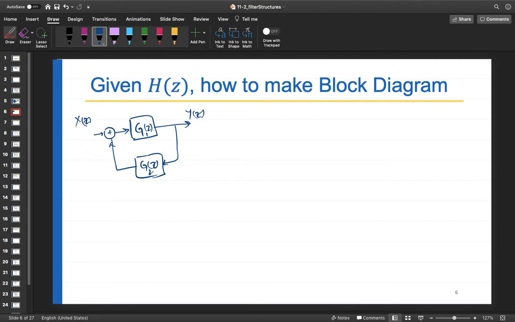Okay. So this dummy variable, what is the value here? Let me call it W(z). So what is my W(z)? W(z) is basically equal to X(z) plus G2 times Y(z), right? And what is my Y(z) now? My Y(z) is G1 times W(z), that is it. So I can substitute the value of W from above.